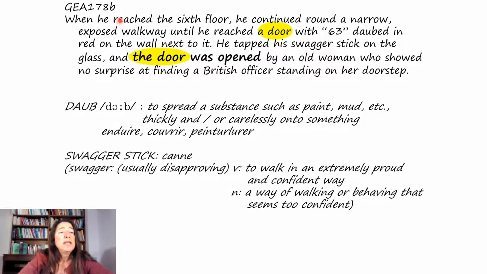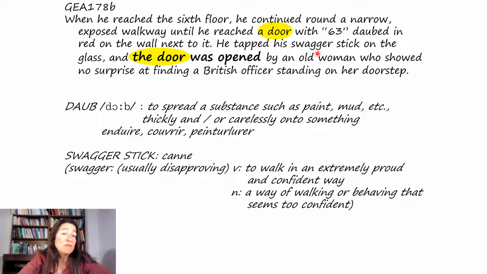That's what we can see also in the next really interesting example that I'll let you read for yourself. It's example B, page 178, in which we follow a character through a walkway, and then he reaches or he reached a door, and then he does this and he does that, and then we're looking at the door when it was opened. So it's really completely logical in that discourse that we should be focusing on the door and not on the woman who opened it.